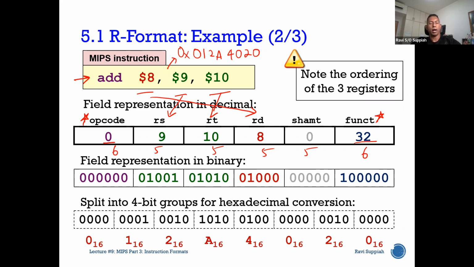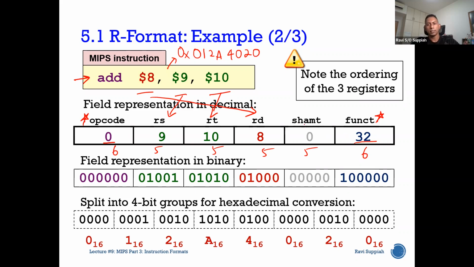For R-type instruction, this is the particular format: it starts with opcode, RS, RT, RD, shift amount, and function. The RS, RT, RD are the three registers that are already specified in the instruction. Only the order is different. Opcode and function field are obtained from the instruction set document.